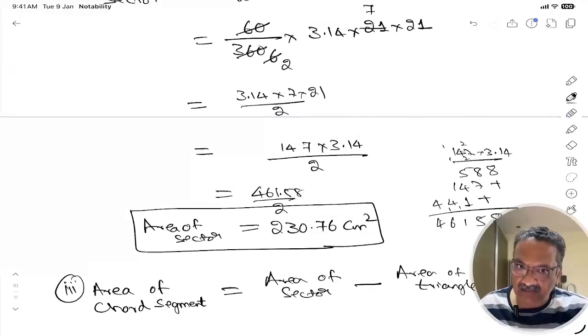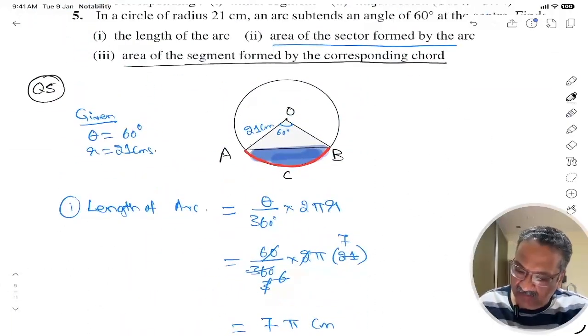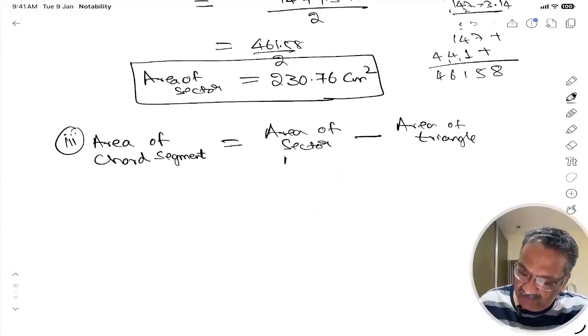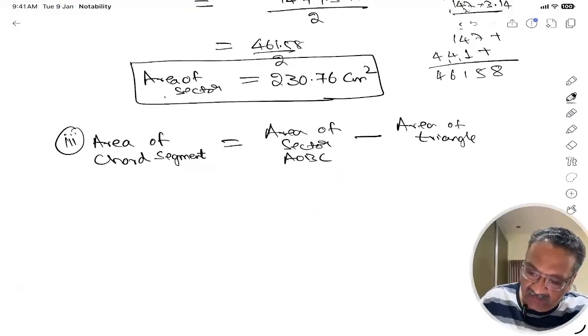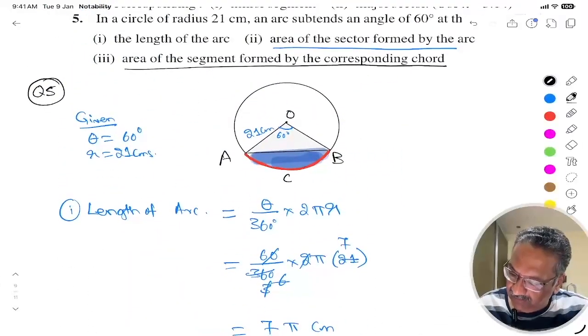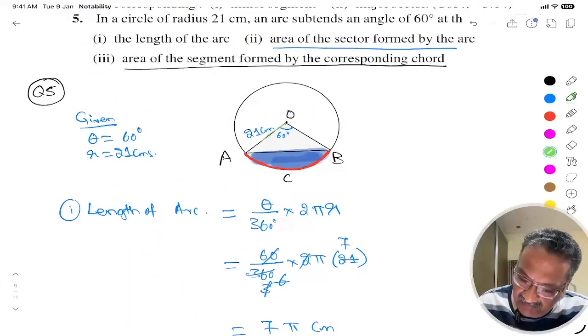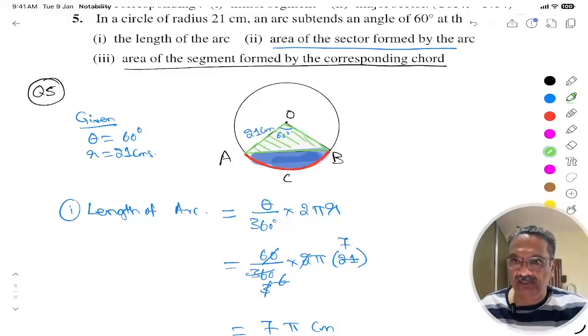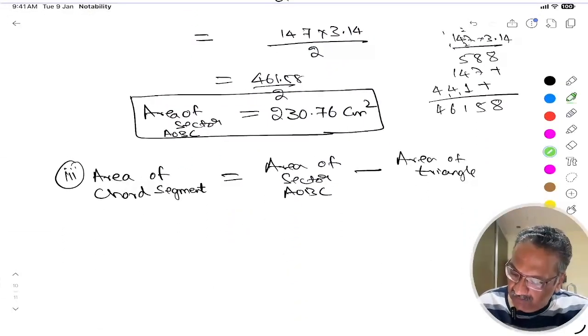In this case, the sector AOBC, that is nothing but the sector AOBC here, and the area of the triangle. Which triangle do we have to take here? Now we have to subtract this triangle OAB. If we take the whole sector and subtract this triangle portion, we'll get the area of the segment. So area of triangle OAB.